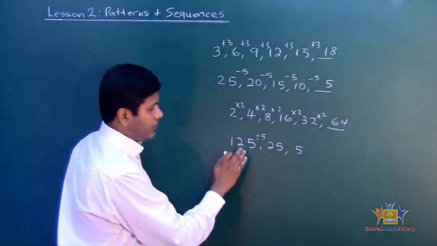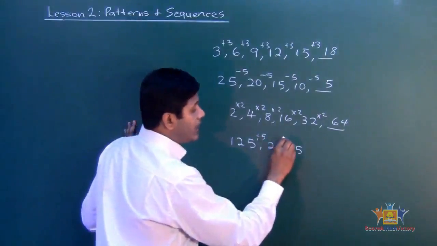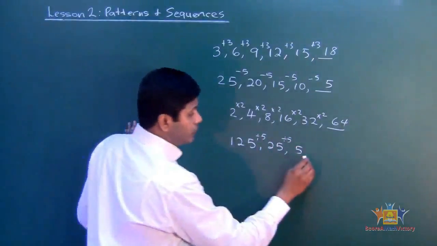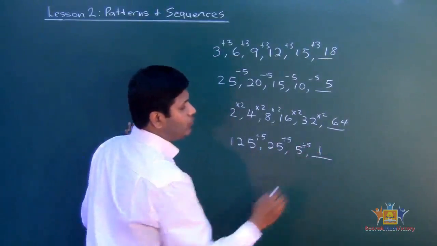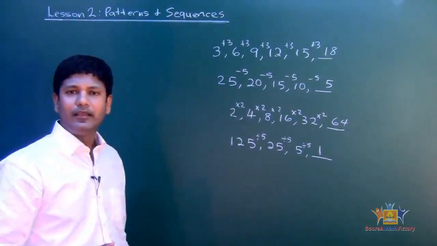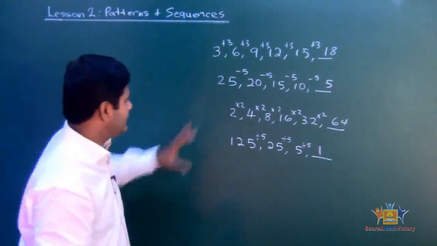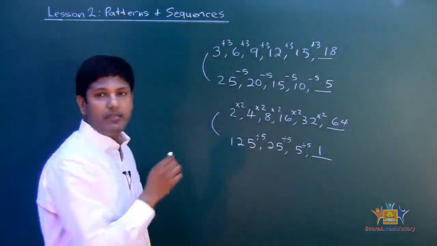See that? 125 divided by 5 is 25. And then 25 divided by 5 is 5. And so what would be the next number? Exactly, 5 divided by 5 is 1. Isn't that awesome? Pretty easy, isn't it? So this is called a geometric sequence, and this is called an arithmetic sequence.